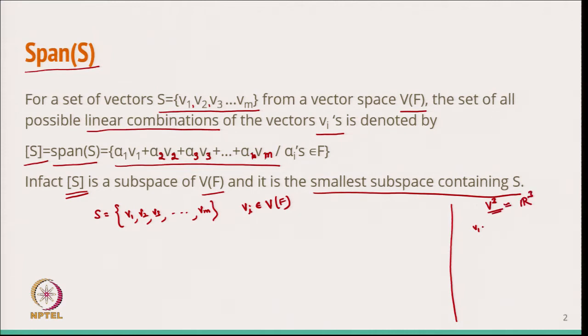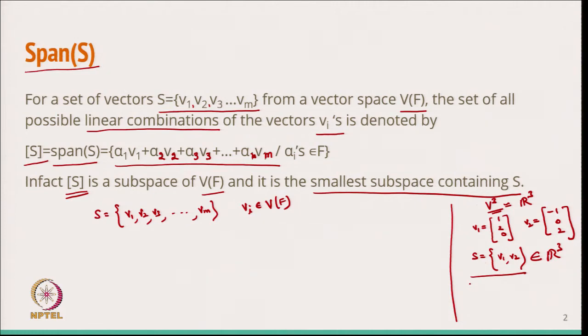So, I am defining V1 as a vector, which I can define as maybe 1, 2, 0. V2 I am defining as, suppose, minus 1, 0, 2, something like this. So, I just take two vectors and I take S as V1 and V2. So, these two vectors I am taking. Now, this is a set that belongs to my V3 or R3.